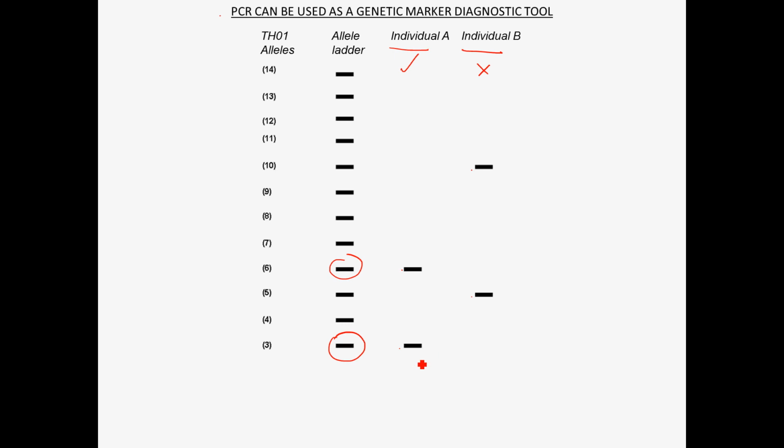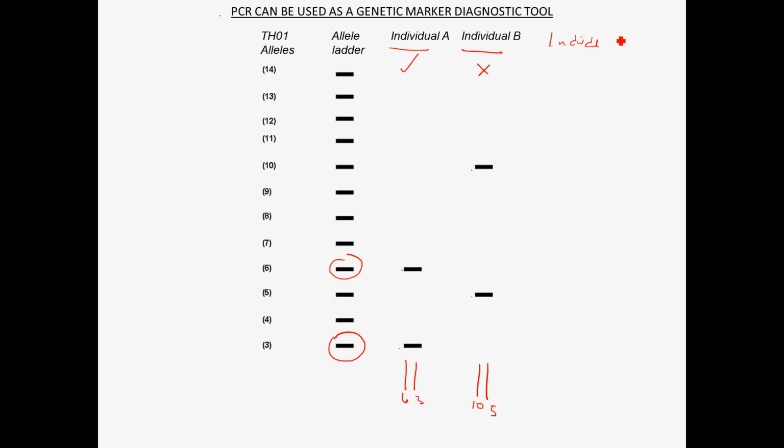And again, there are 2 of them because you are diploid, so you have 2 copies of that chromosome. The genotype of this person would be 6 and 3, and the genotype of this person is allele 10 and allele 5. So what about individual C? See if you can figure this out.